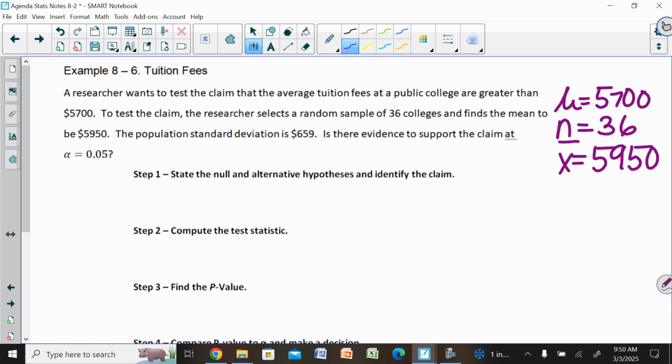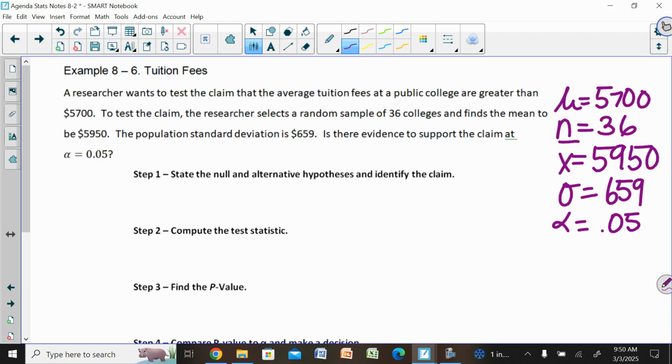And we know that our population sigma, standard deviation, is 659. We know that our alpha is 0.05. So I like to have everything over on the side. So I typed out the steps to start off with.